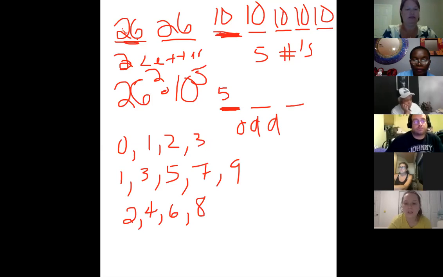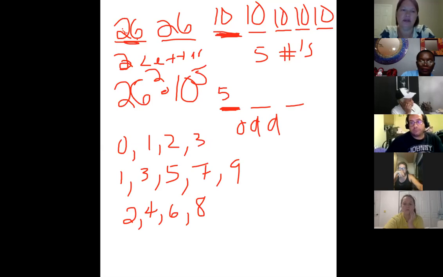Okay, wait, because it says for the leftmost digit, would you only count the first digit? That's what I did. And it didn't work for you? So I'm timesing all of those numbers together, and then from there, what do I do? That should be your answer.